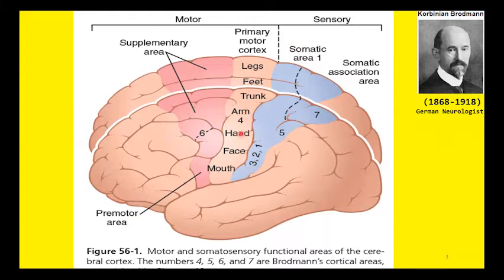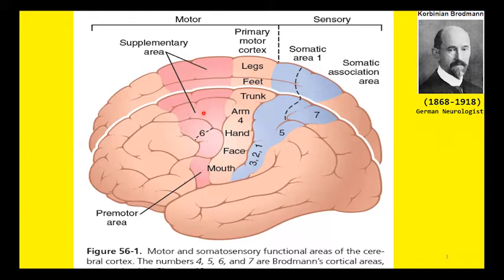You can see the gyrus just anterior to the central sulcus is the primary motor cortex, or Brodmann's area 4. Anterior to this area 4 is area 6, which is the premotor cortex and the supplementary motor cortex.